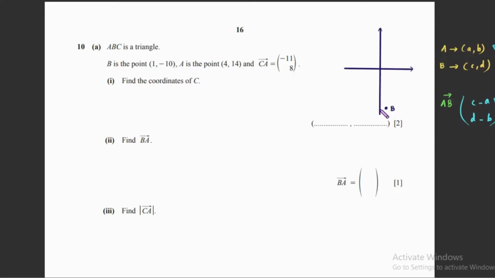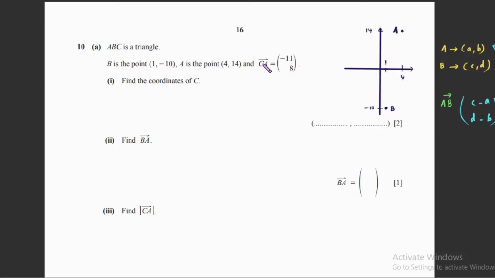This is point B. I'll just mark negative 10 here and 1 here. And then the next one is point A, which is 4 and 14. So 4 and 14 will be somewhere over here. I'll just mark 4 here and 14 here. This is just a small sketch.